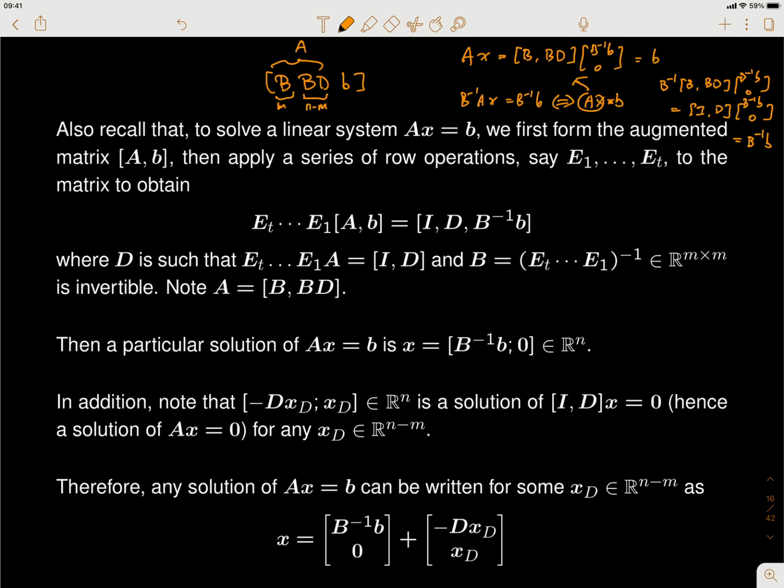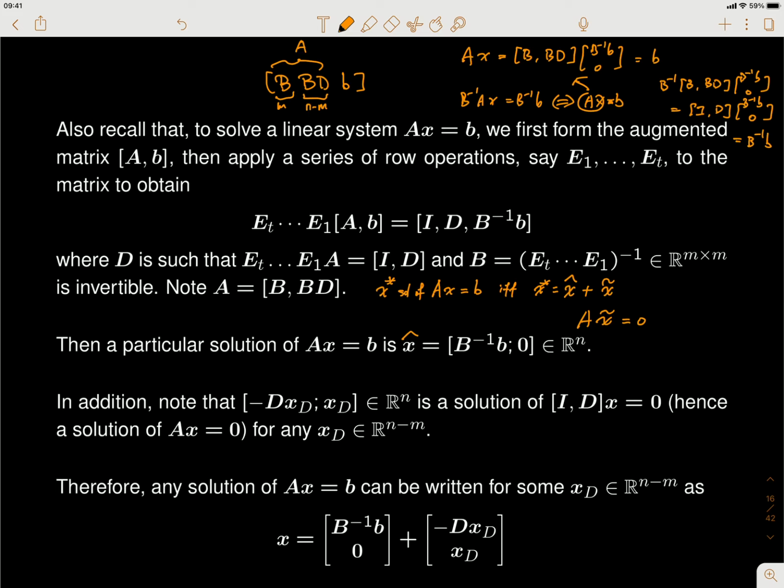So what I'm trying to say here is: X star is a solution of AX equals b if and only if X star can be written as a particular solution, let me call it X hat here, plus some X tilde, where X tilde makes AX tilde equal to 0.